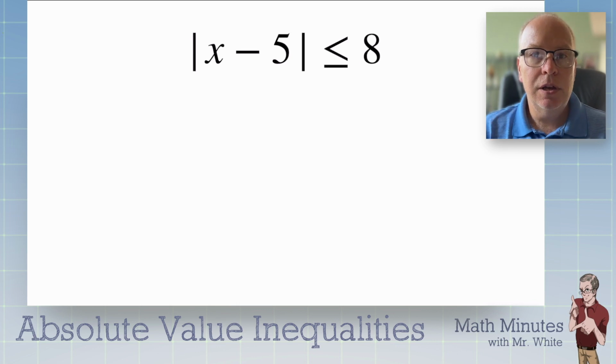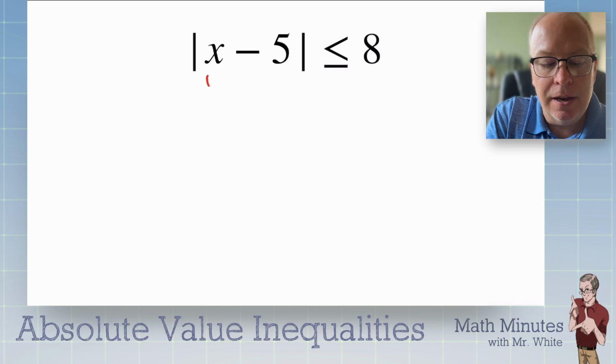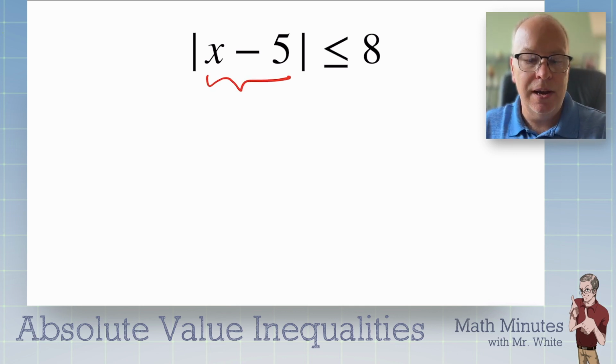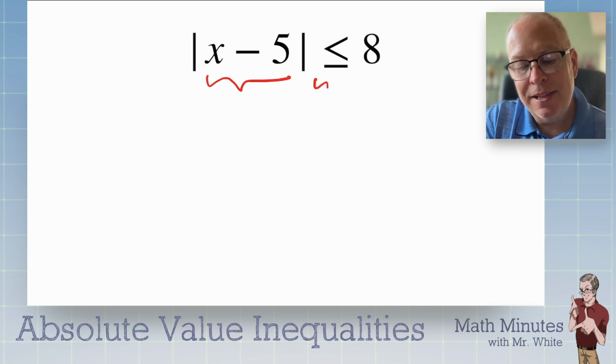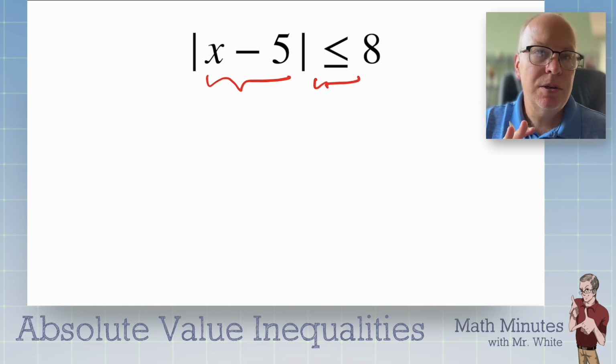So let's look at a question like this where I've introduced a little bit more than just E or X. The quantity X minus 5, the expression X minus 5, this thing in here, if we throw away the sign on that, it needs to be less than or equal to 8. Now, whenever you have a less than sign, this ends up being one of those between questions.